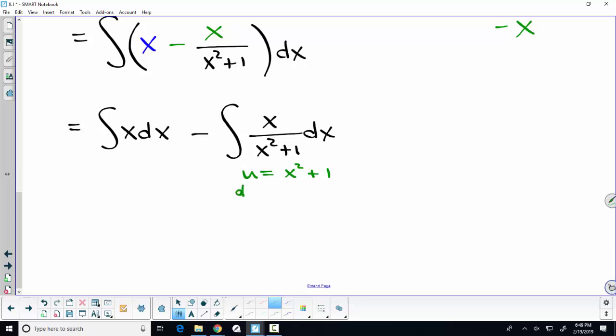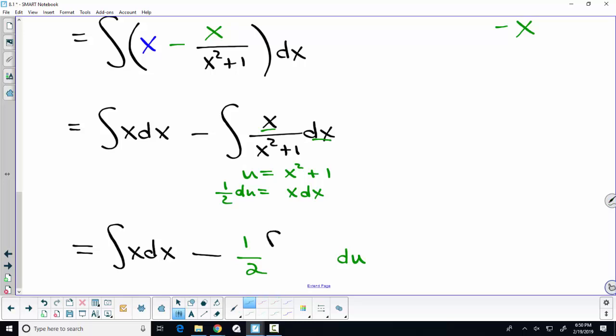So du is 2x dx. We'll put that over here. So then we have to add in that 1/2. I'm just going to leave all of this until we're ready to integrate both. So we've got our 1/2 du for our x dx, and then this turns into the integral of 1 over u.